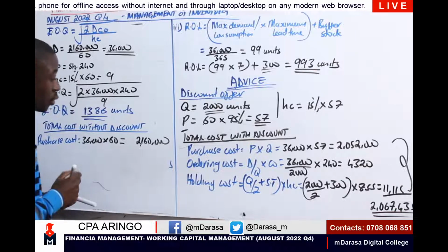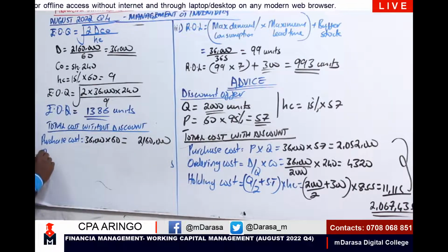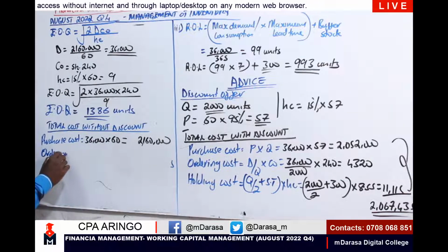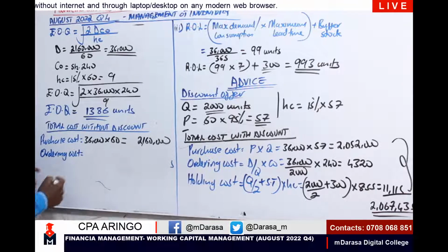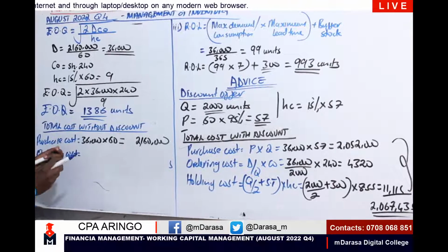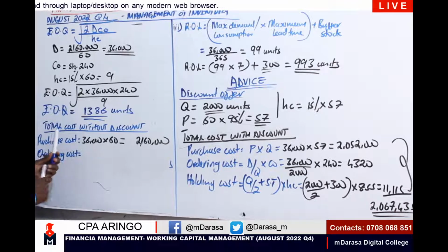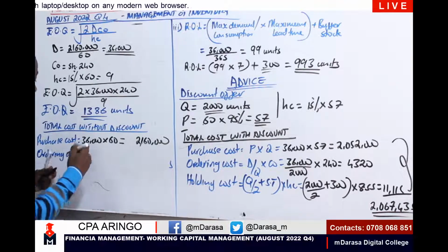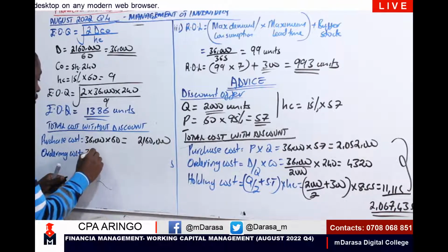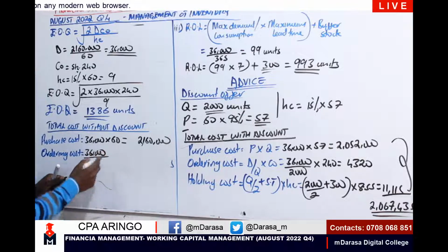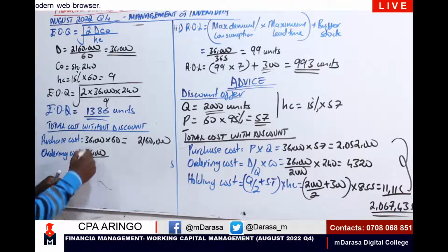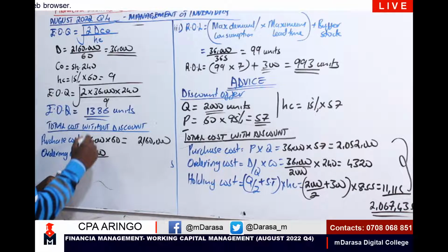What about our ordering cost, my good students? I'm having our demand, which is 36,000. Of course, you are going to divide by our Q. This time round, our Q is 1,386.